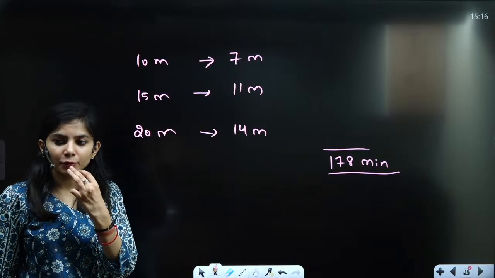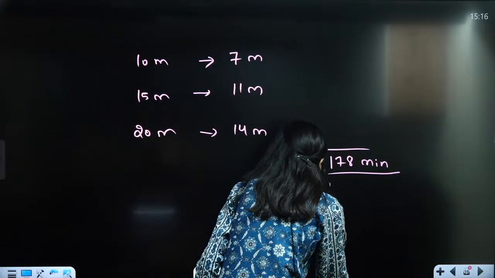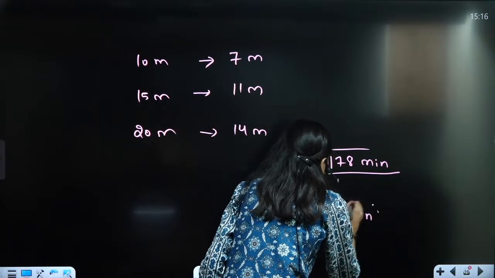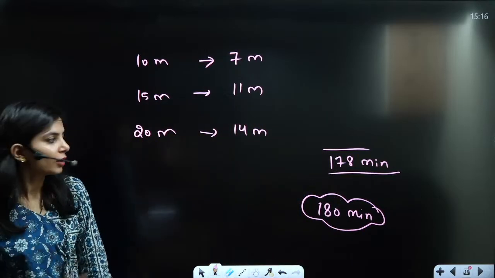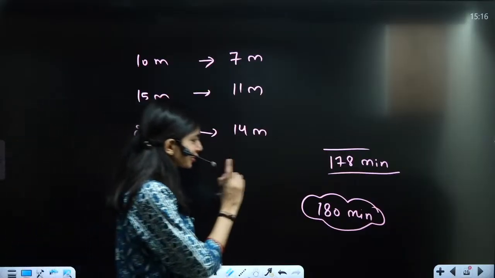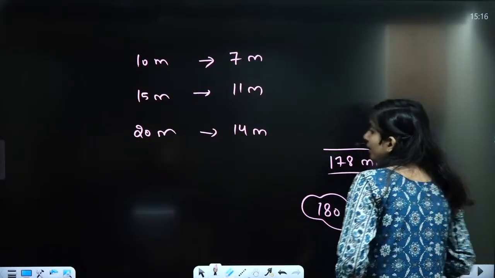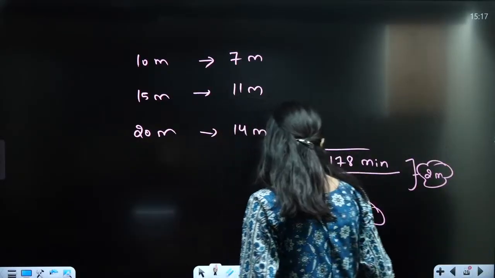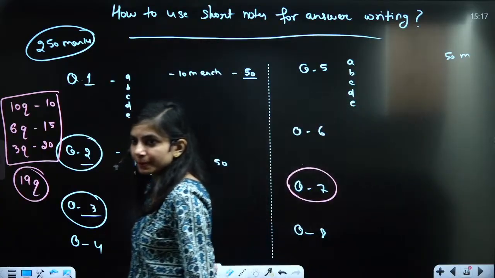And UPSC is providing me 3 hours, which means 180 minutes. So I have these 2 minutes to prepare the Maggi, to eat and have the energy. Within these 2 minutes, I need to do one thing.